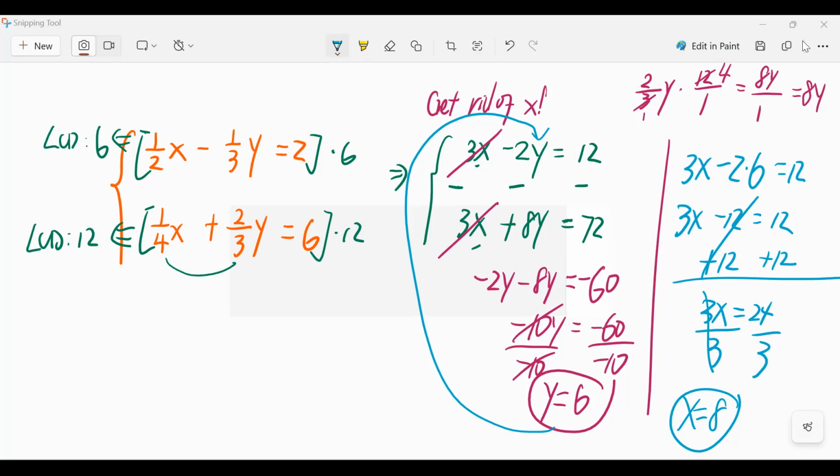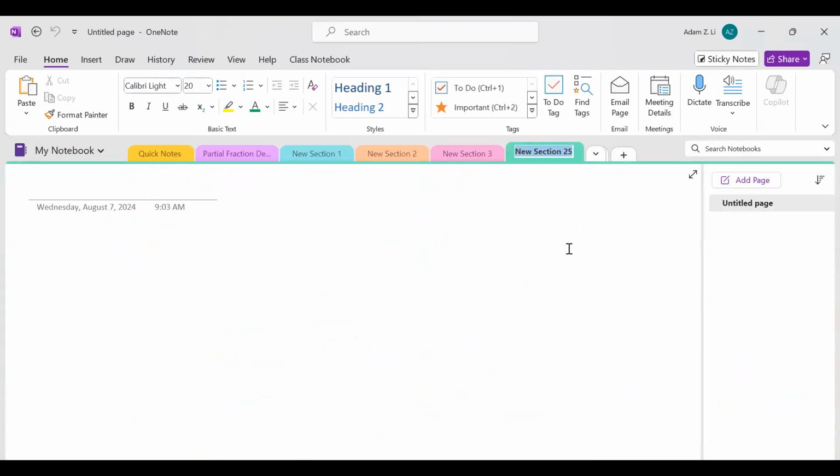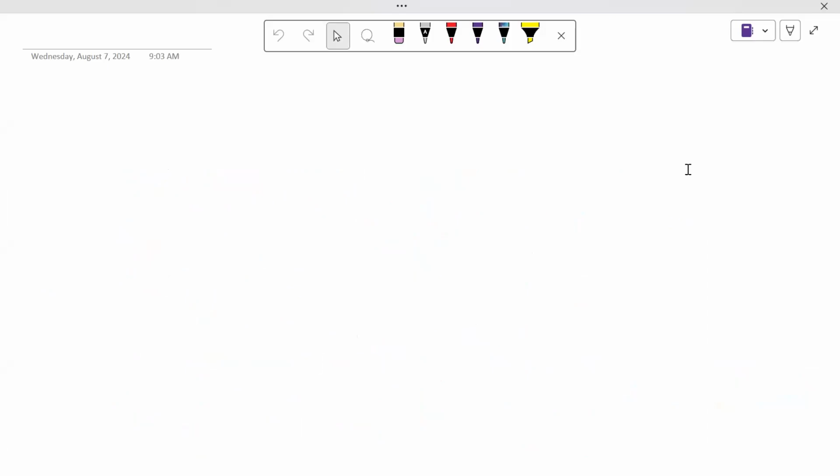Yep, so let's move on to section 4.3, the substitution method.